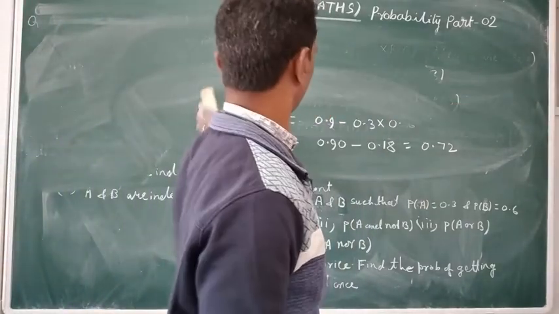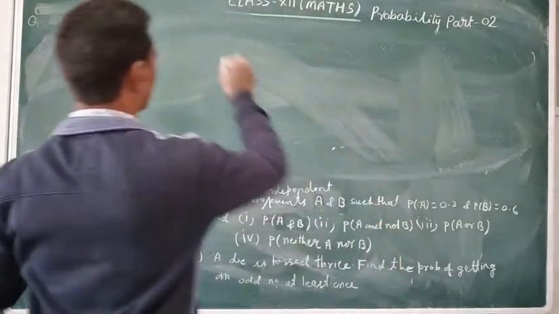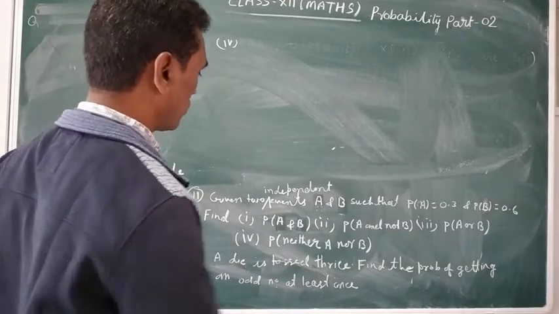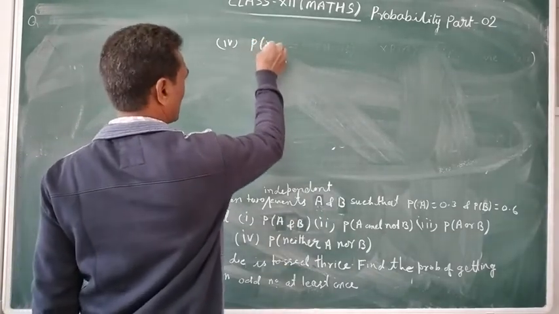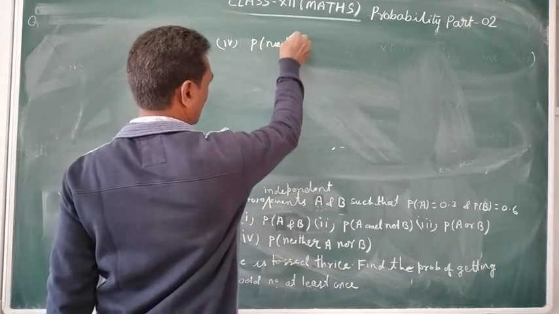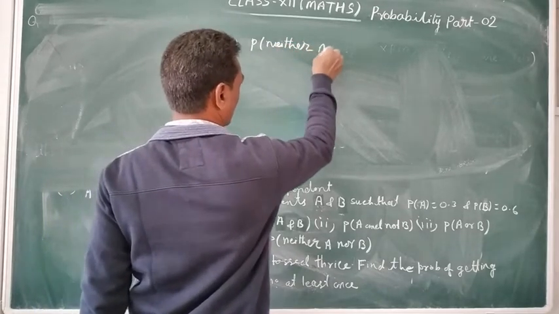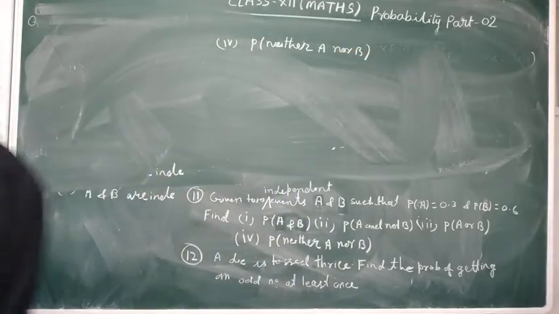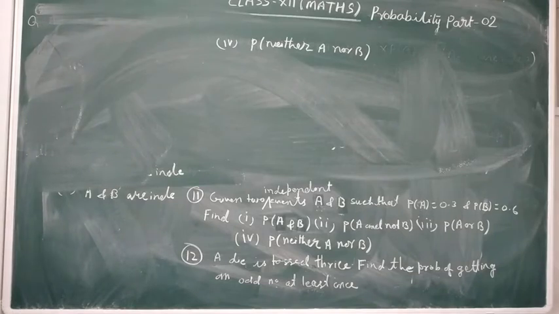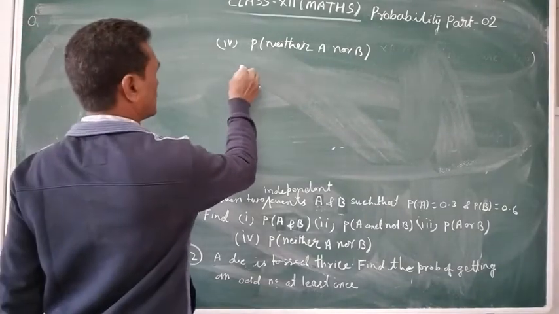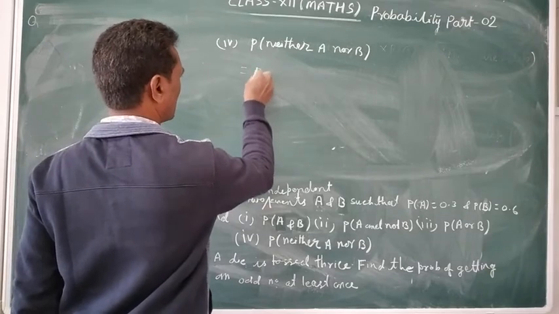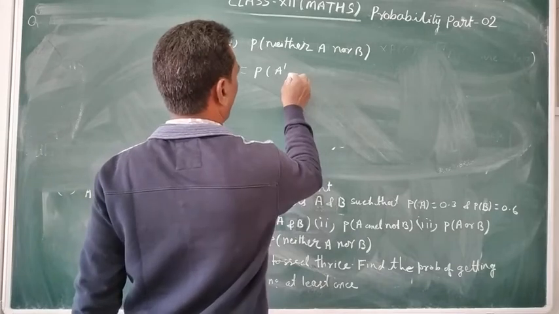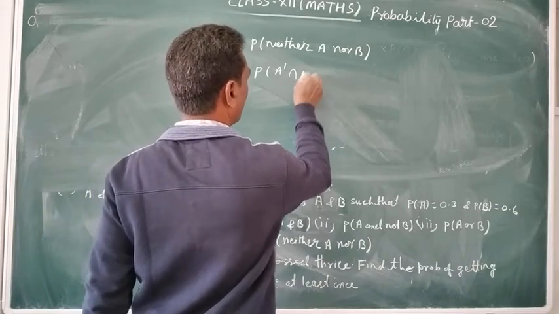Fourth part, probability of neither A nor B. Neither A nor B, that means probability of A dash intersection B dash.